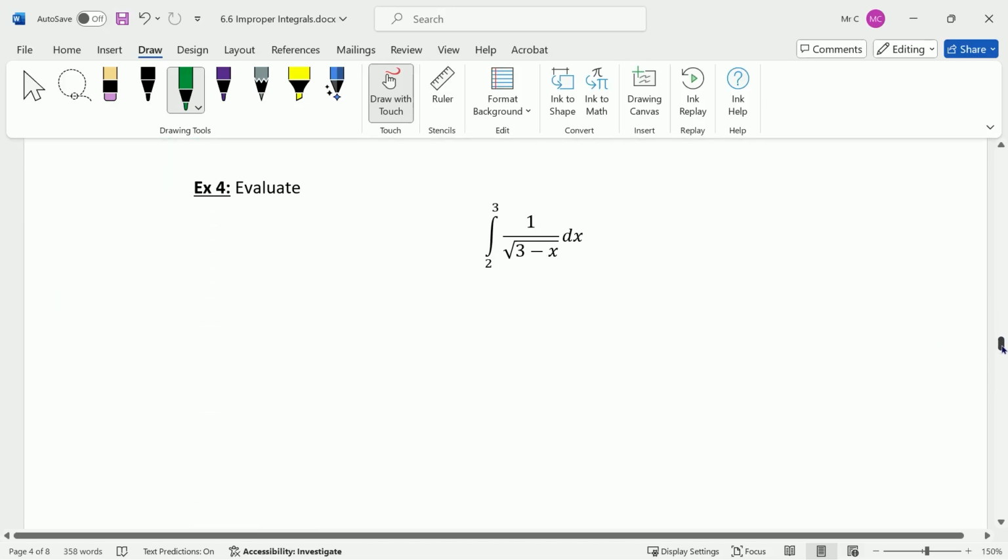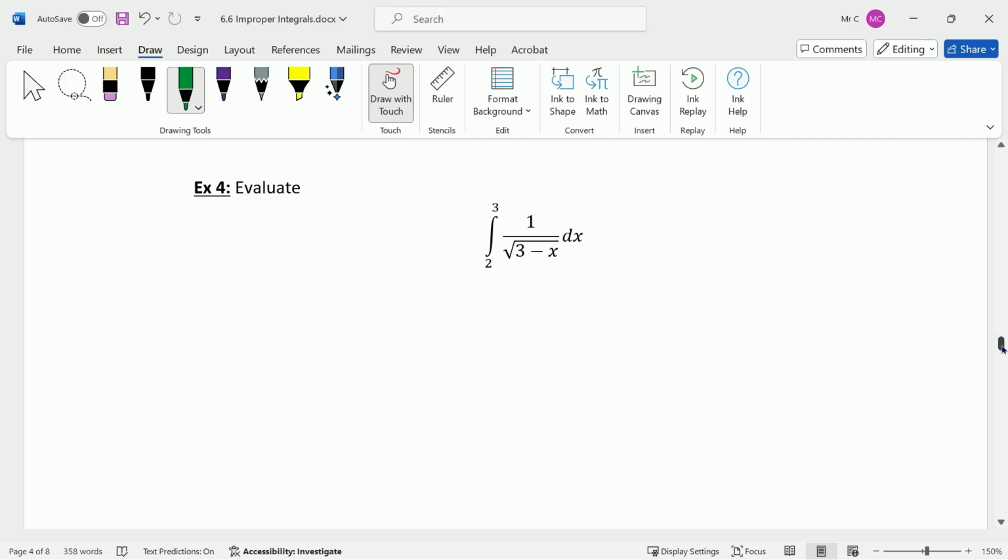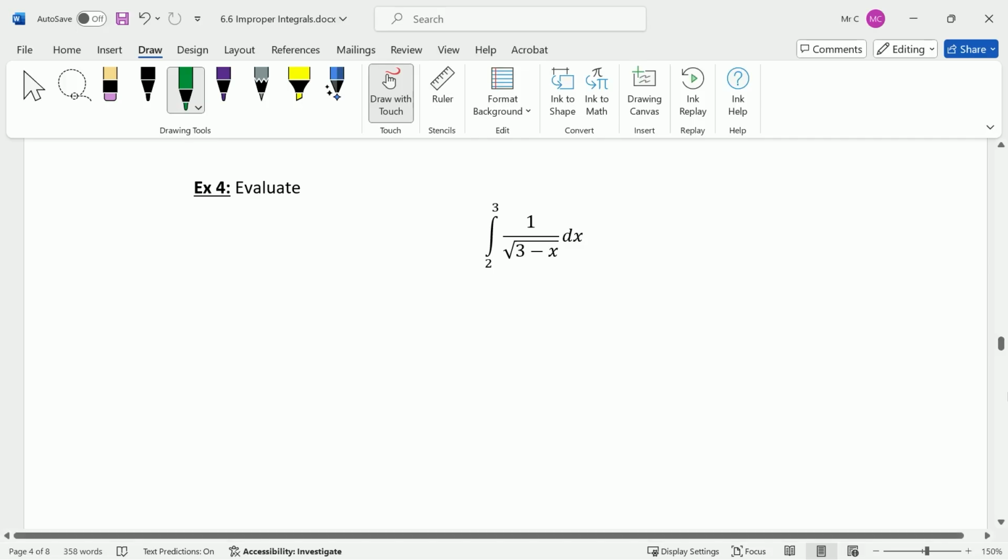Okay, so let's take a look at this example. Evaluate the integral from 2 to 3 of 1 over the square root of 3 minus x dx. Now first I have to figure out, where do I have a discontinuity? And we always check the standard kinds of places. Where would we be dividing by 0? Natural logs, for example, have asymptotes at 0 as well.